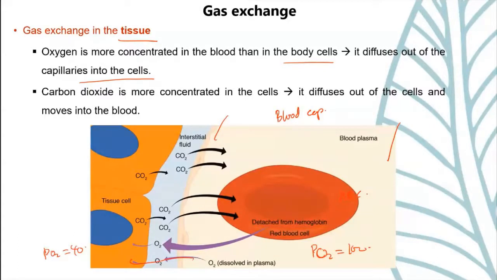The cells of your body tissue undergo cellular respiration to use the oxygen, and the byproduct is carbon dioxide. The carbon dioxide partial pressure is more than 46 in your body tissue. The carbon dioxide will diffuse out from your body tissue, across the wall of the blood capillaries, and enter into your blood, because the partial pressure of carbon dioxide in the blood is 46.